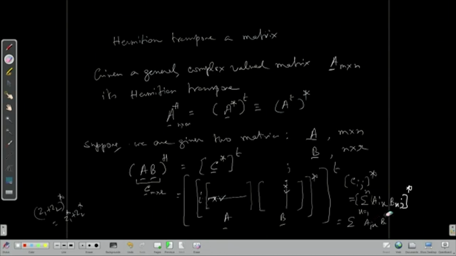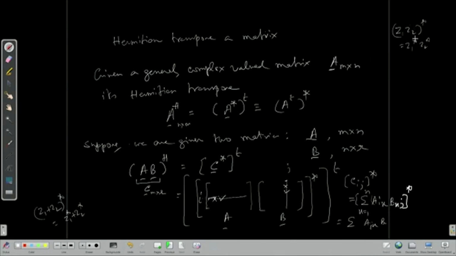And one more thing, maybe here only I can say: if you are given two complex numbers Z1, Z2, and you want the star of the product, you can verify that it will be Z1 star, Z2 star. Very simple. Z1 you write in polar form, some R1 times e to the power j theta 1. Z2 you write as R2 times e to the power j theta 2. So the product is R1 R2 into e to the power j (theta 1 plus theta 2). Conjugate means it will be minus j (theta 1 plus theta 2).